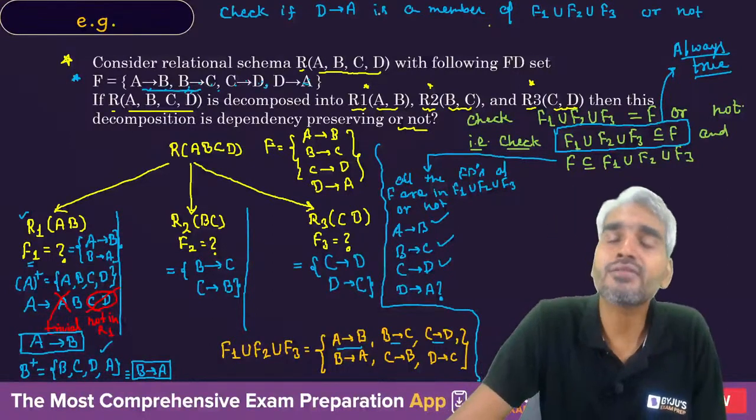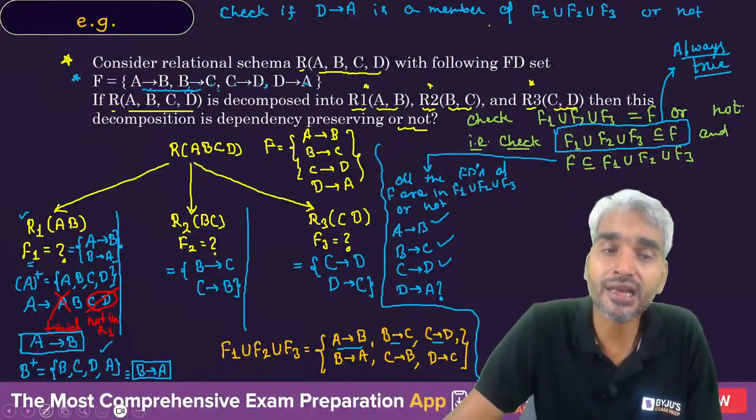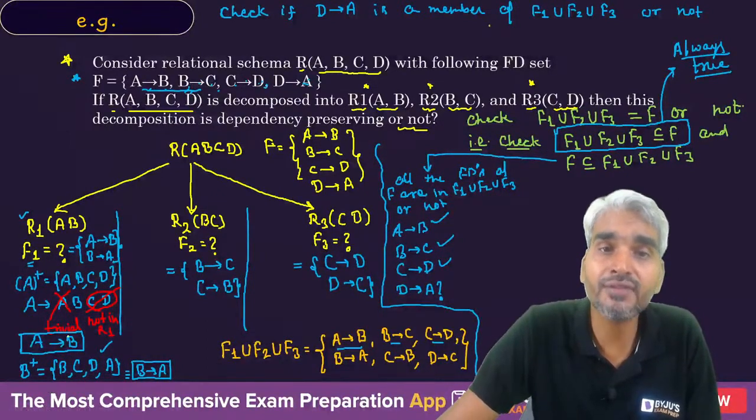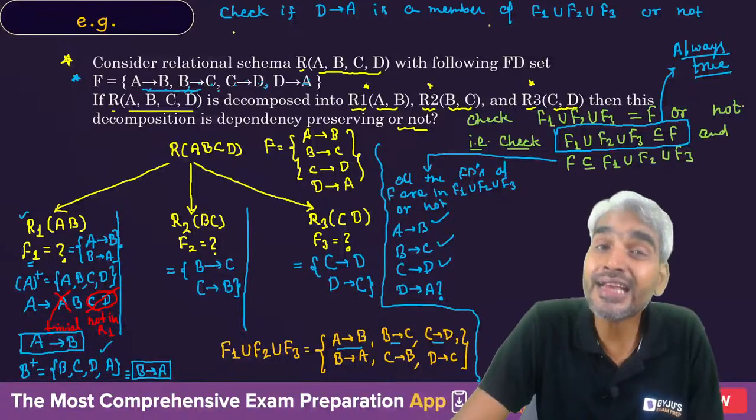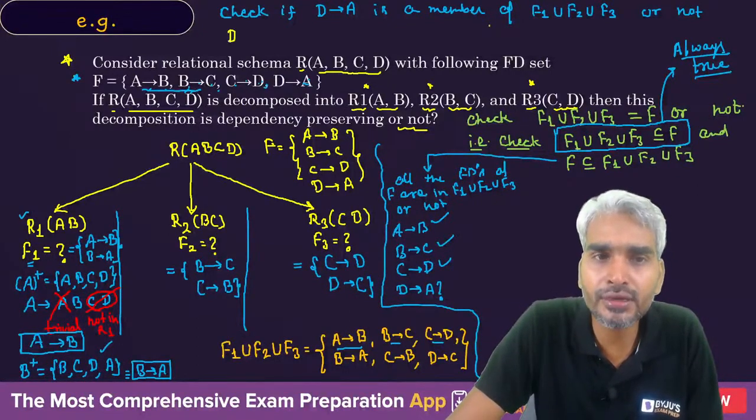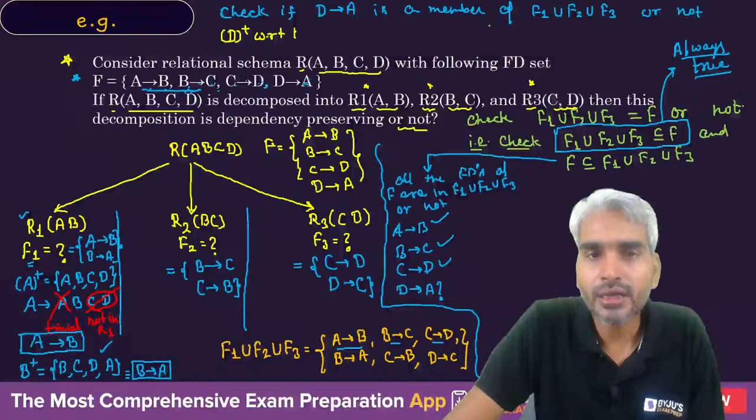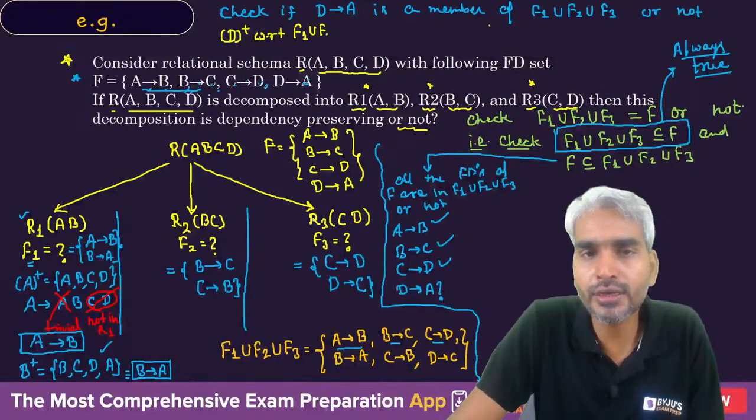How do we check whether X implies Y is a member of FD set F or not? We compute the closure of X with respect to FD set F. So here we calculate D closure with respect to F1 union F2 union F3.